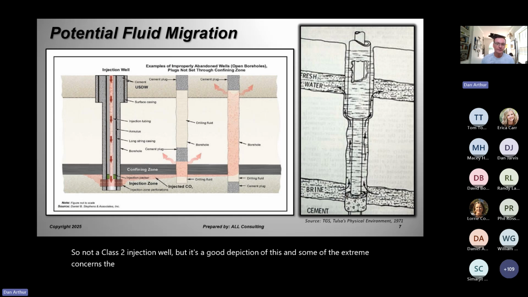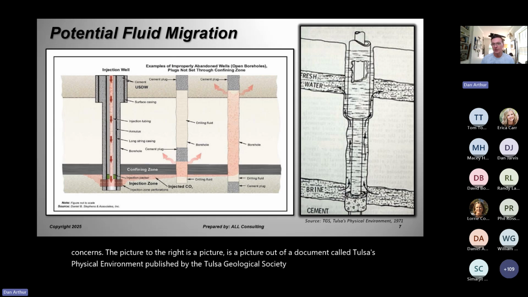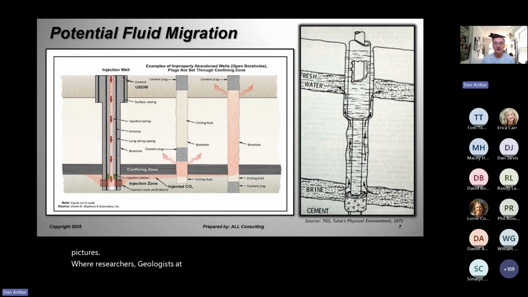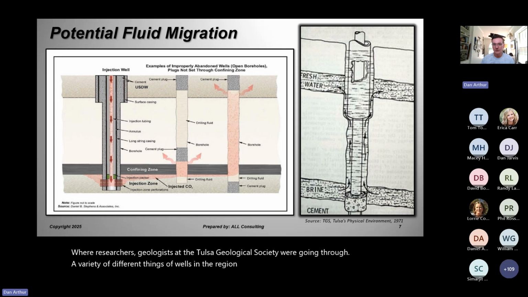The picture to the right is out of a document called Tulsa's Physical Environment, published by the Tulsa Geological Society in 1971. It's one of many pictures where researchers, geologists at the Tulsa Geological Society were going through a variety of different things of wells in the region, and how they could be set up to allow for contamination, whether the wells maybe weren't cemented properly, or whether they were cemented at all.